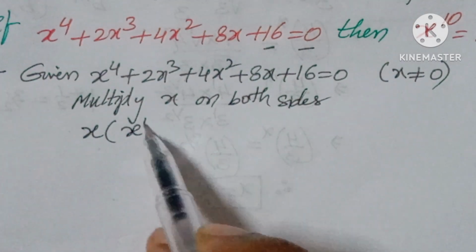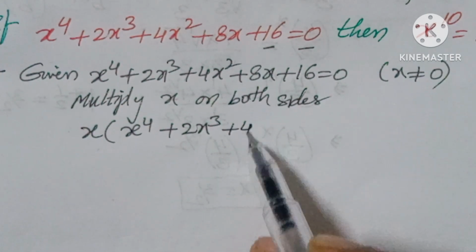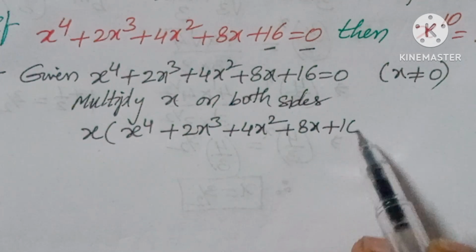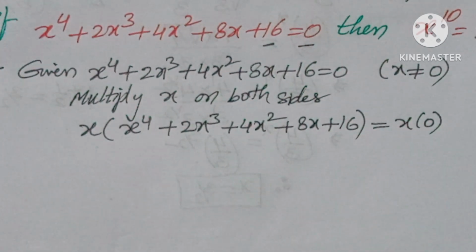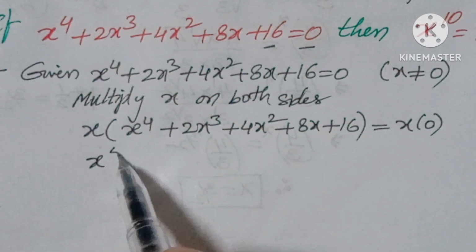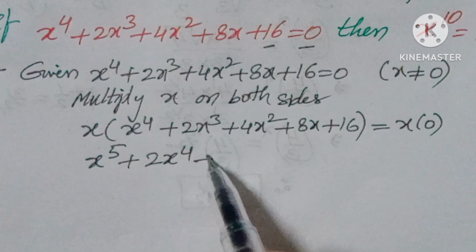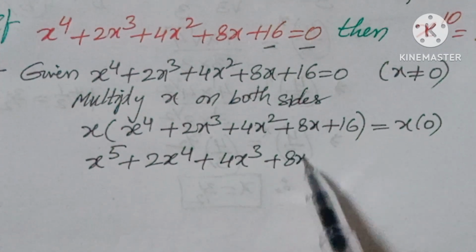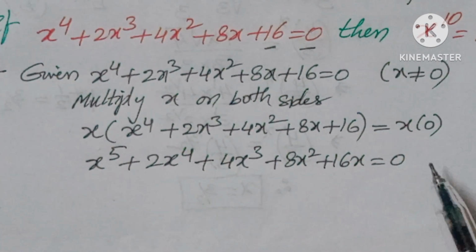x into x to the power of 4 plus 2x cube plus 4x square plus 8x plus 16 is equal to x into 0. So here you'll get x to the power of 5 plus 2x to the power of 4 plus 4x cube plus 8x square plus 16x is equal to 0.